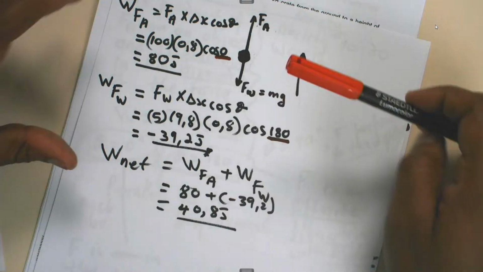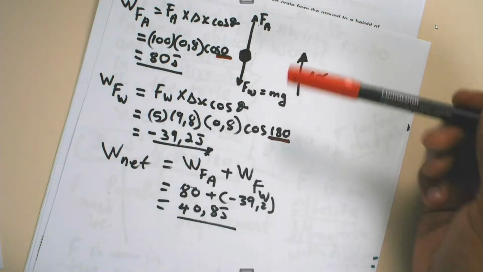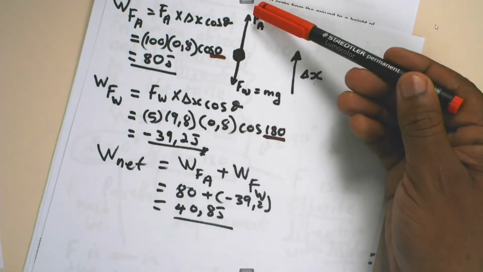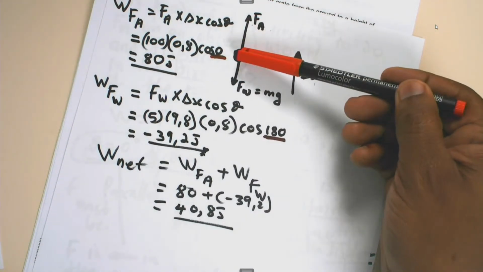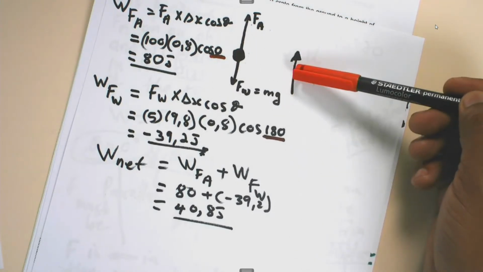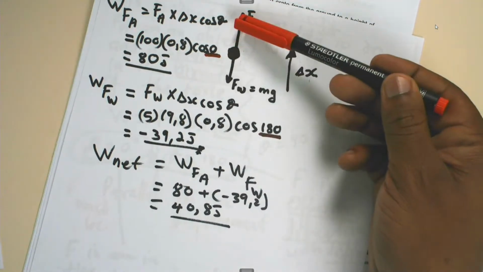So I said, even if a free body diagram is not asked, it's easier for you to draw a free body diagram and check the direction of the displacement against the direction of the force.